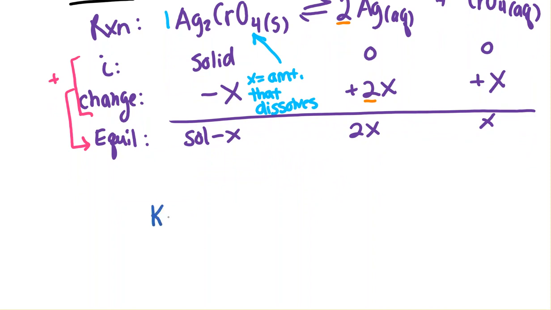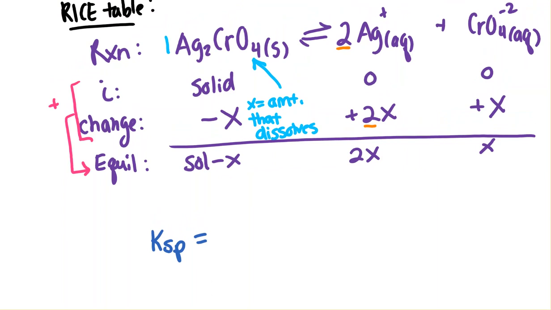Once we get the algebraic expressions for the equilibrium concentrations, we can make an algebraic expression for our equilibrium constant. So our equilibrium constant is KSP, and I'm going to go back to the original reaction. Remember, this is always products over reactants, so I'm going to expect it to be silver times chromate, except remember that when you do these expressions you use that coefficient there as well.